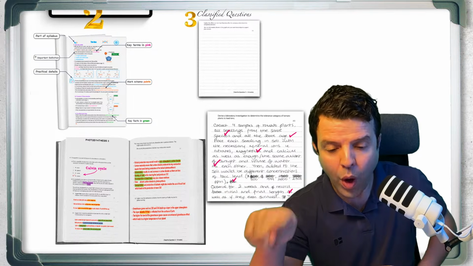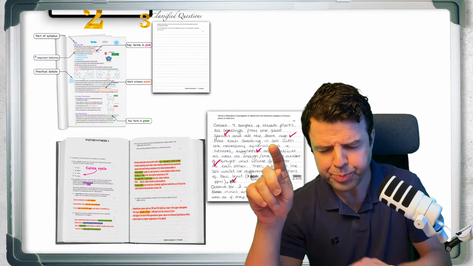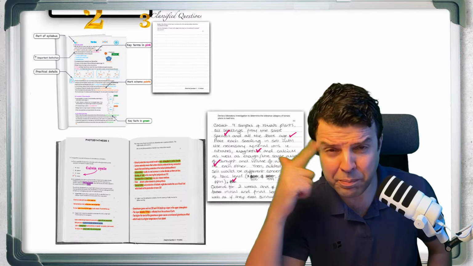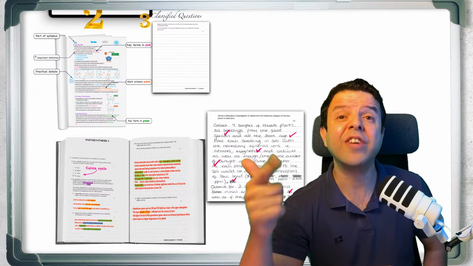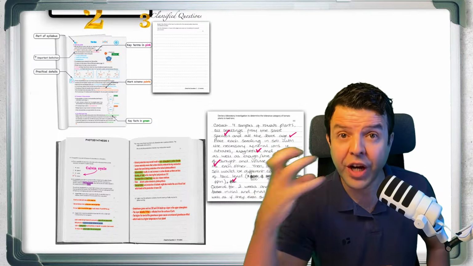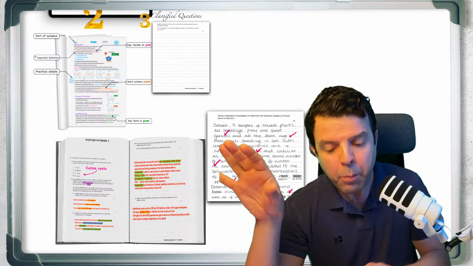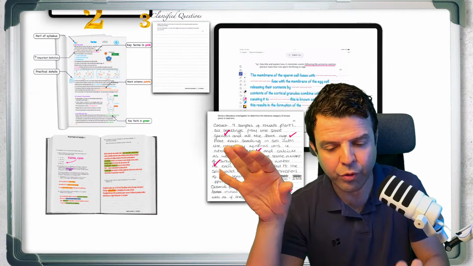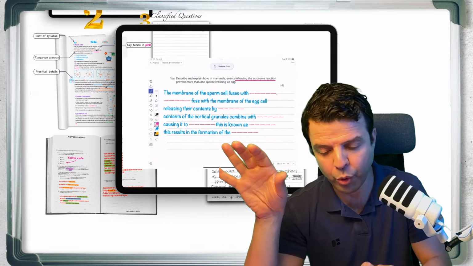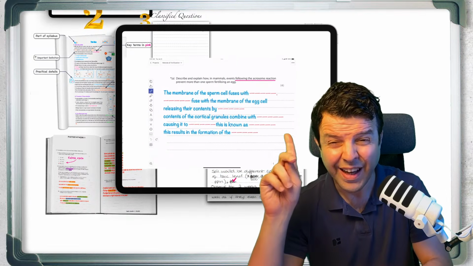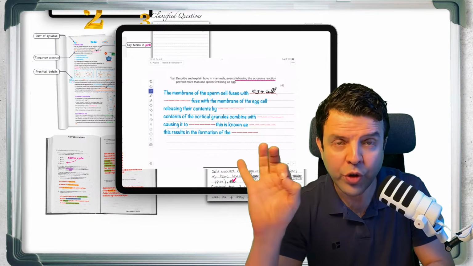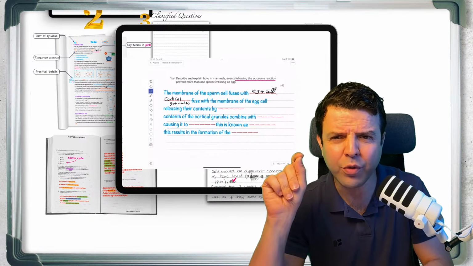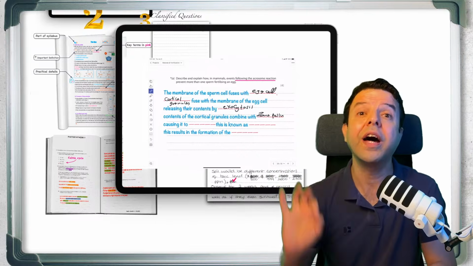So while you're solving here, you are actually memorizing and you're actually building those very valuable exam skills. Personally, I solve with my students the most important ones. I usually turn those questions into fill in the blanks so that we can focus on the key terms.